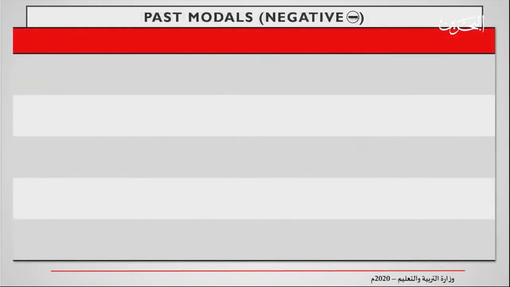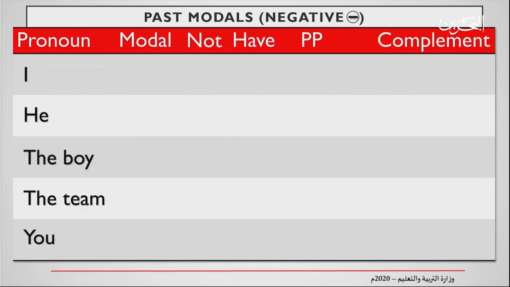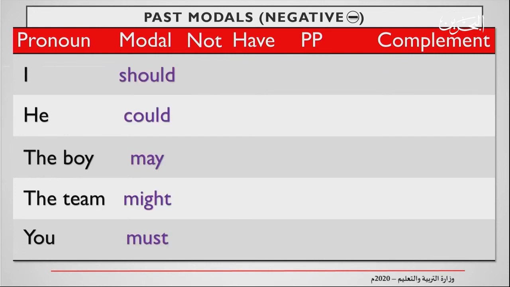So building past modals using negative sentences. So we start with the subject pronoun as always, and then a modal, and then not, which is the negative word, and then have, then past participle, then the complement. Okay, so we use the subject pronouns just like before, and then we add the modals just like before, and then we just add not.